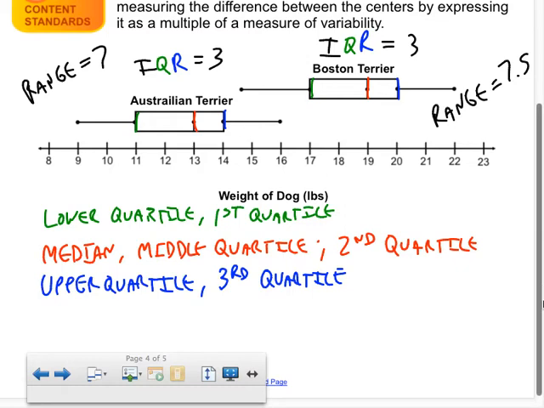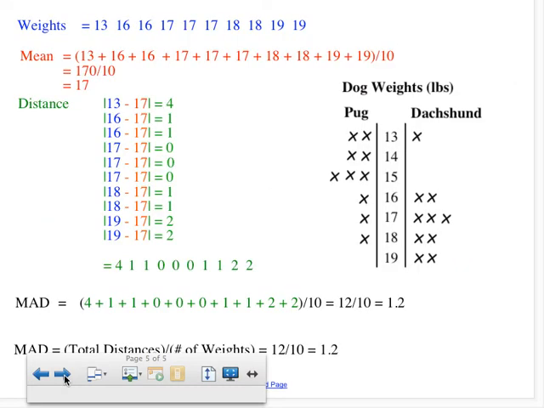All right, so I answered a couple questions for you for the first half of lesson 4 as homework. Now, this diagram on the right with dog weights in pounds is comparing the weights of the pug and the Dachshund. But what does this look like? It's not like any data display we've seen so far, but it looks like it's got pieces of them. What does it remind you of?